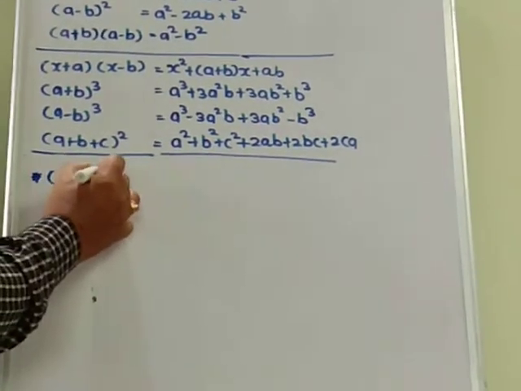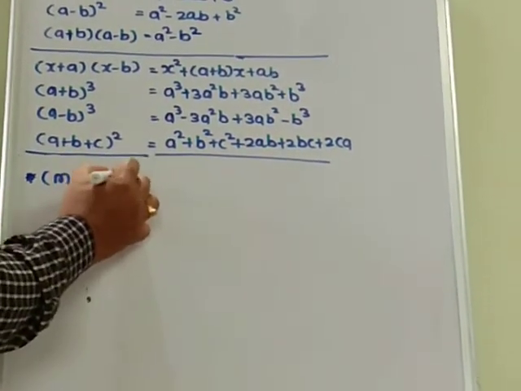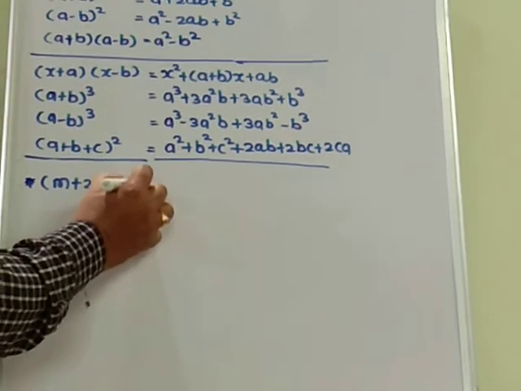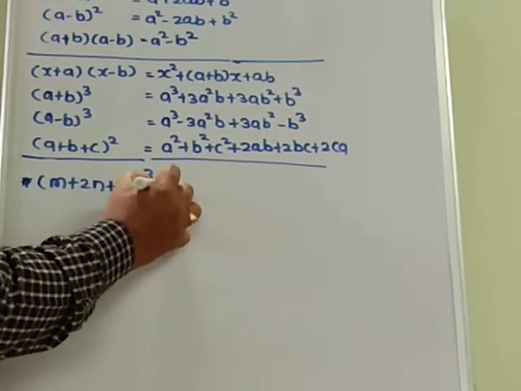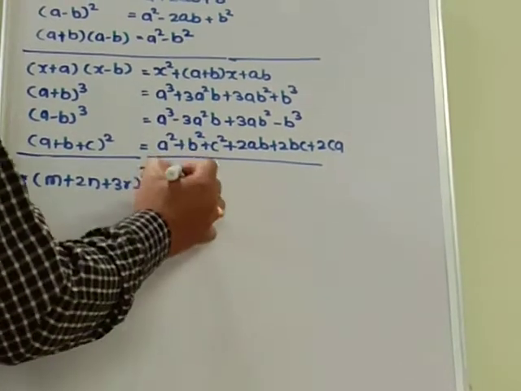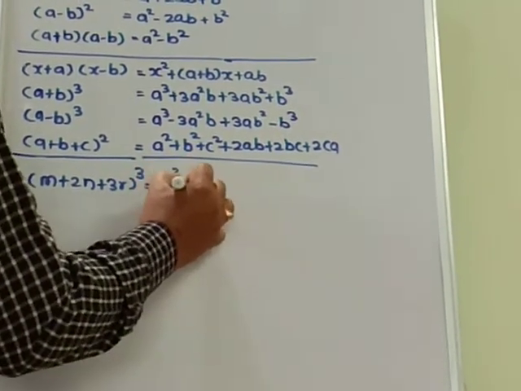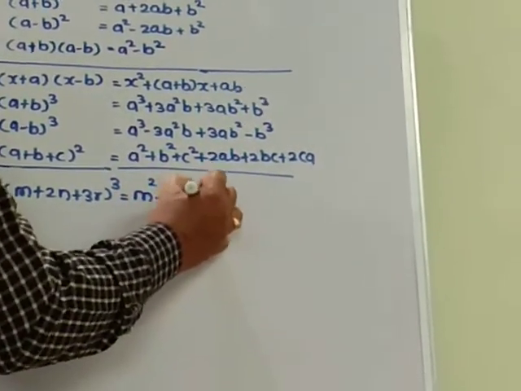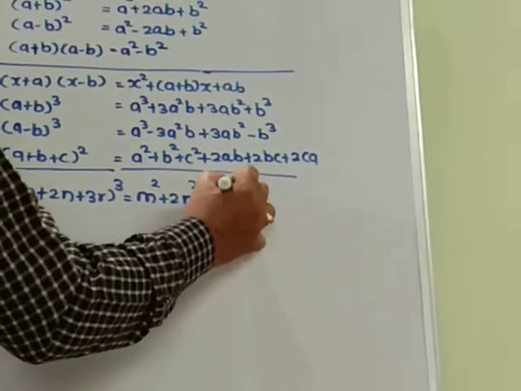(m plus 2n plus 3r) bracket square. Okay. First, second, third square: m square plus 2n square plus 3r square.